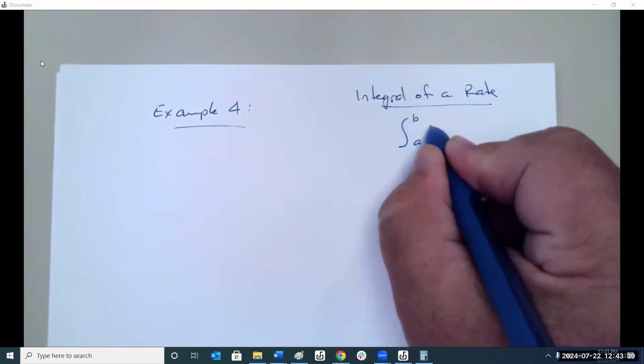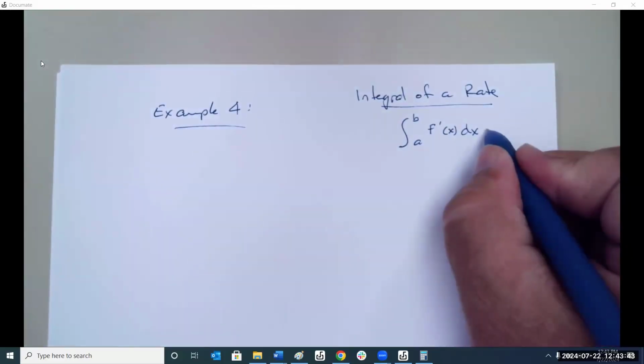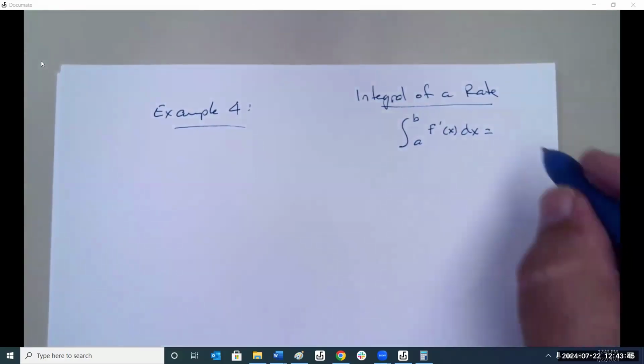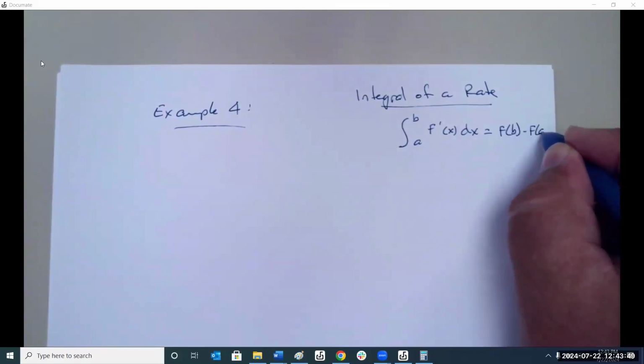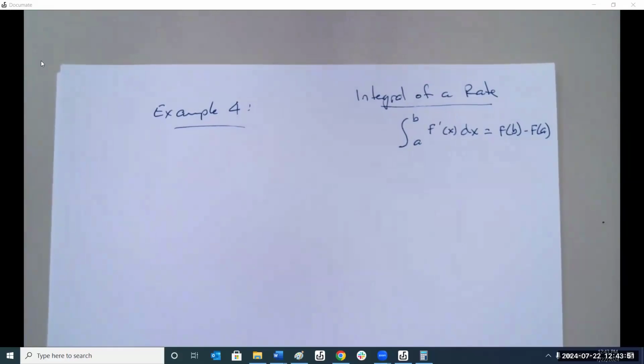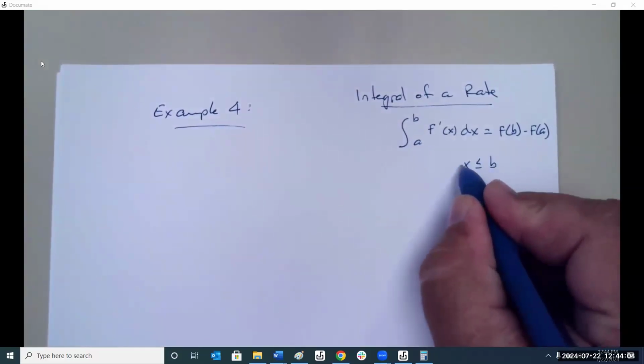We know that this becomes f of b minus f of a, where x is between a and b.